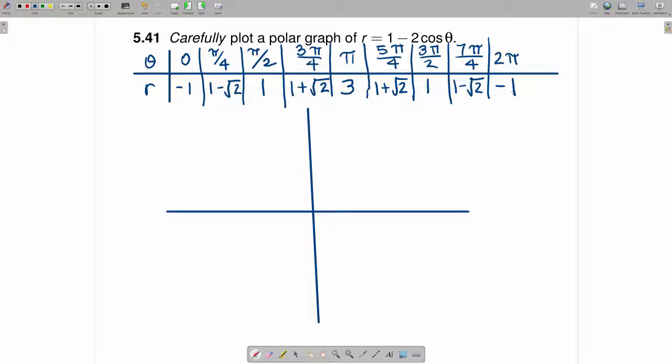The next step is to start plotting these pairs. We notice that the largest value in magnitude of r is equal to 3, so I'm going to put 3 tick marks out in each direction.